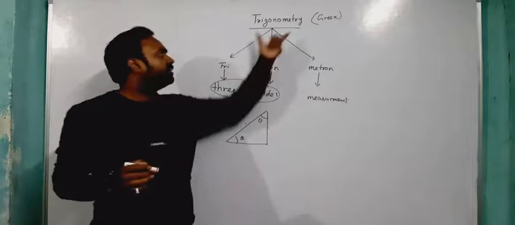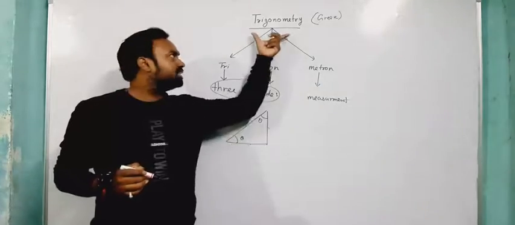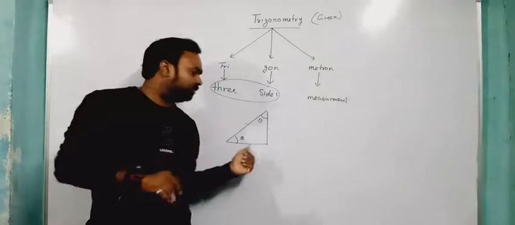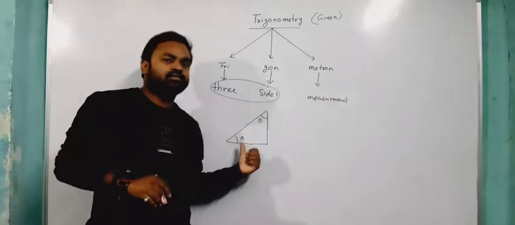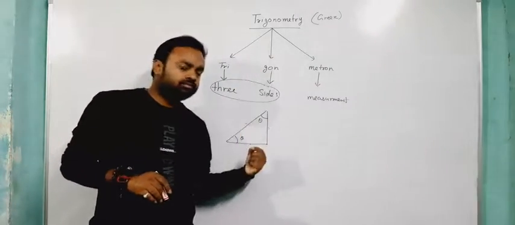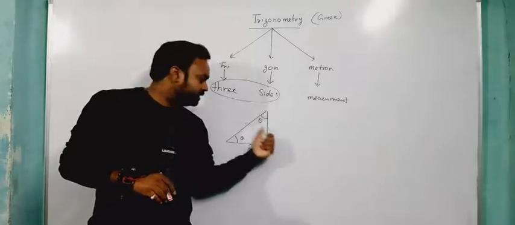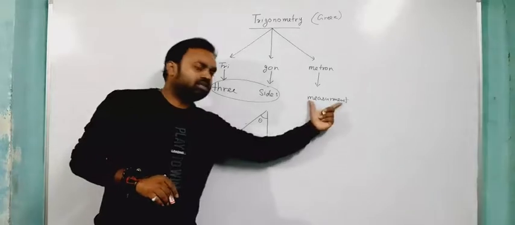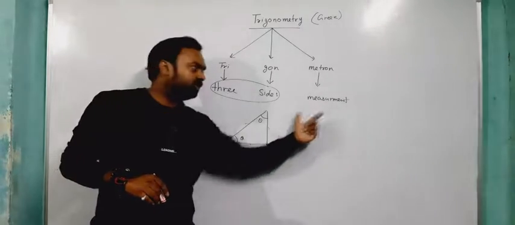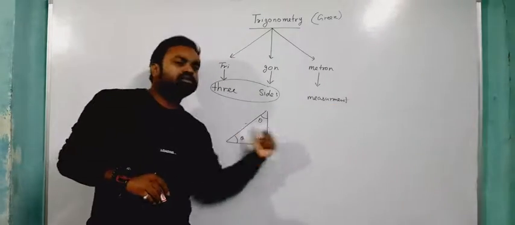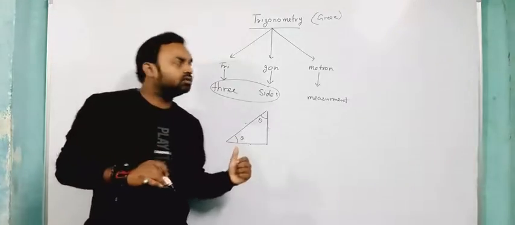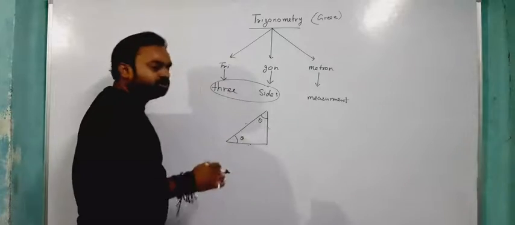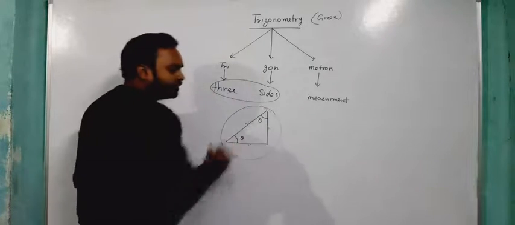In trigonometry we will learn about the relation between the sides and the angles, and we can measure any side of the triangle. So now we will learn some basic concepts about the triangle.